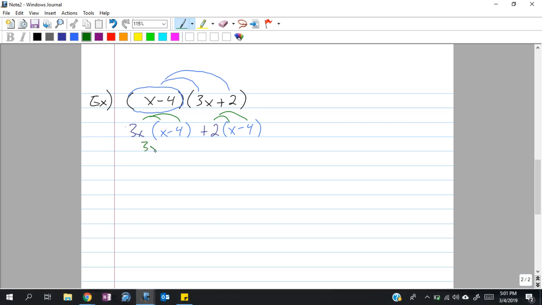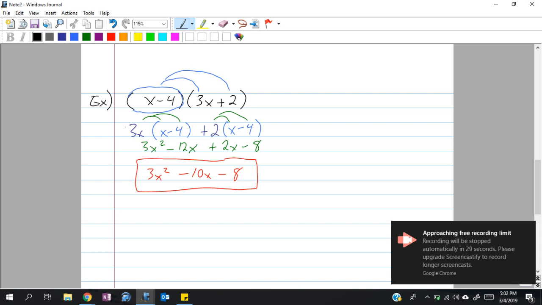We get 3x squared minus 12x plus 2x minus 8. Combine like terms, and our final answer should be 3x squared, negative 12x plus 2x is minus 10x minus 8. So when I distribute these two binomials together, this is our product.